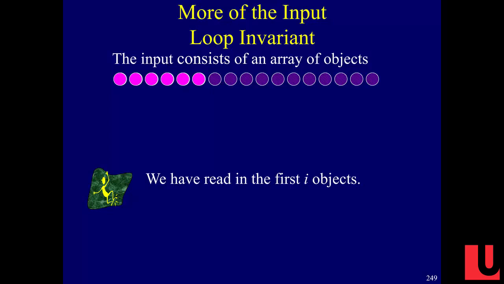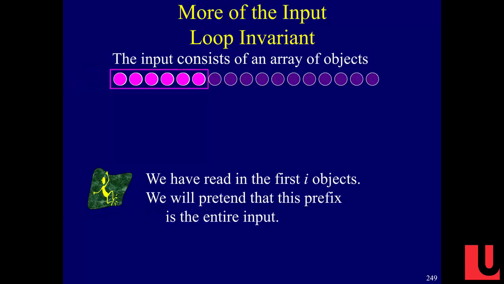It's the past tense. Somehow we are considering the first i of the objects, or some i of the objects, but usually the first i. And we're going to pretend that that's the entire input, so we ignore the rest.